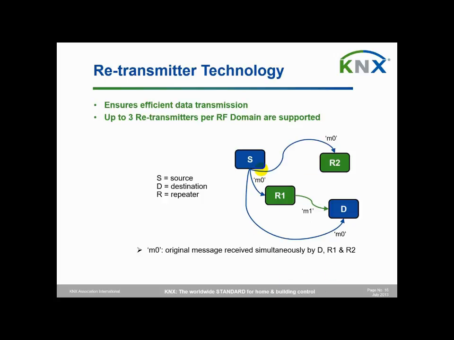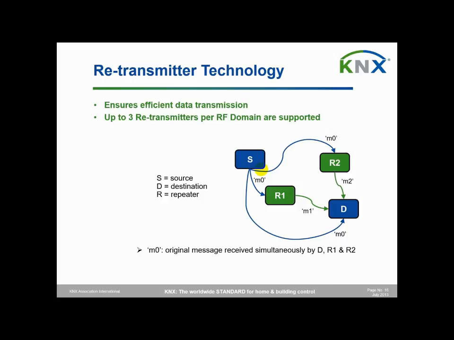And if this M1 also fails, then there is still the possibility that retransmitter 2 will pick up the original message M0 and repeat it, resulting in M2. So all in all there are 3 chances to reach the destination.